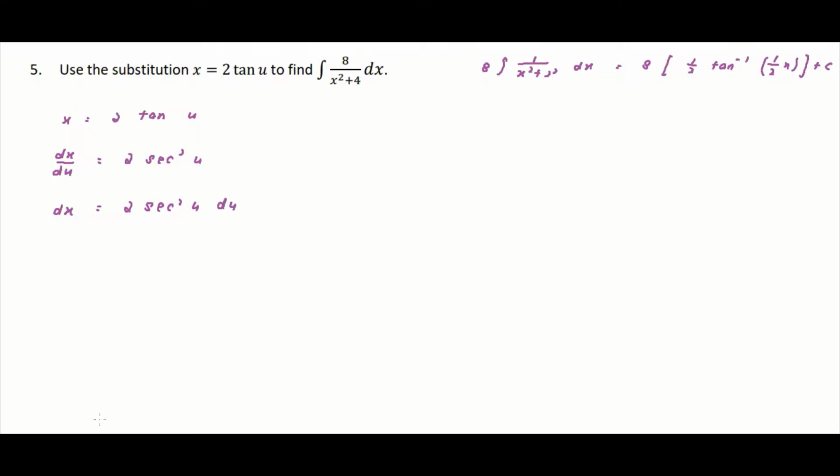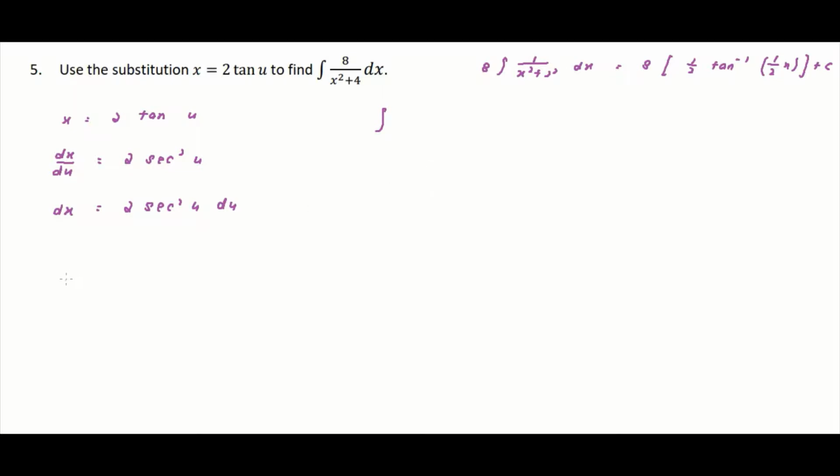Okay, so now we need to continue. Let's try to substitute, because you need it in terms of x, right? You know that x is equal to 2 tan u already, so now you can do the substitution. But at the same time, you also know that at the end, you need to substitute back into x.